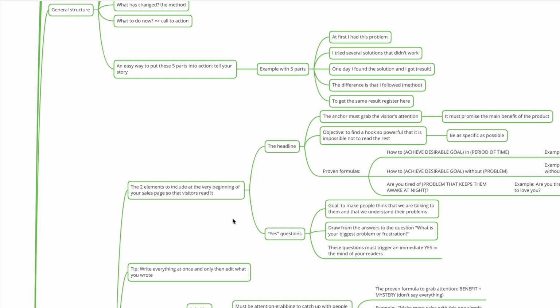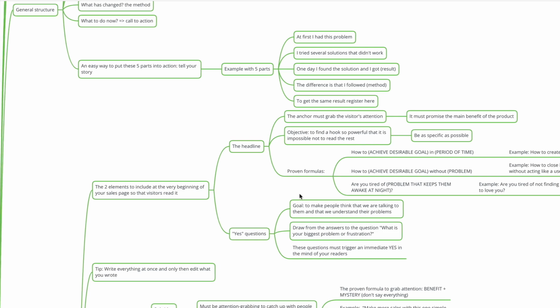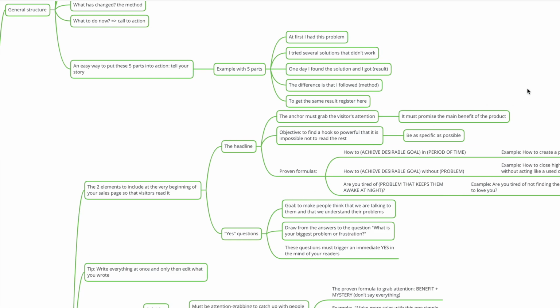So the 2 elements to include at the very beginning of your sales page, so that visitors read it. So the first element, that's the headline. So the headline must grab the visitor's attention. Okay. So in most cases, it's going to promise the main benefit of the product.